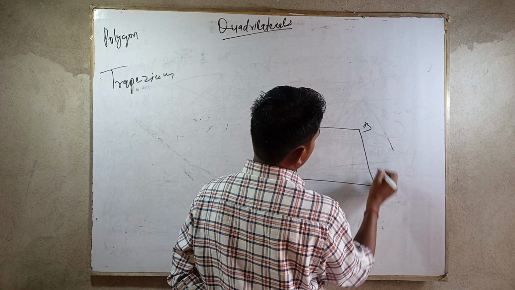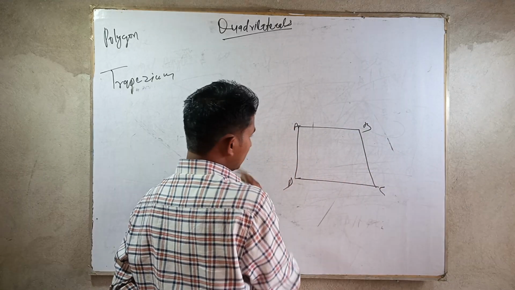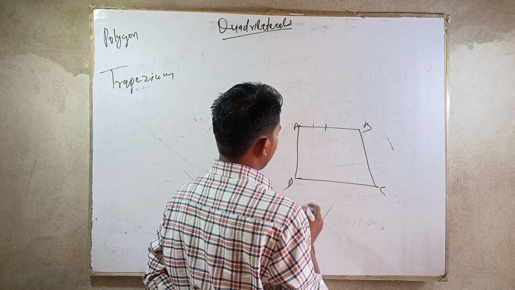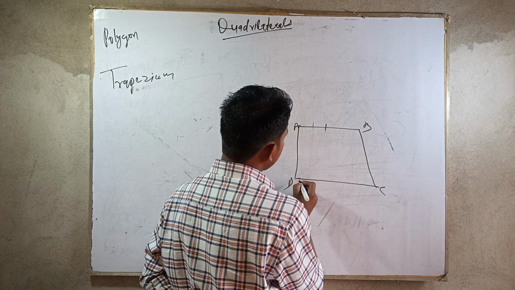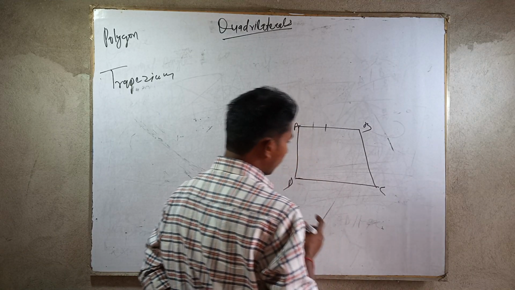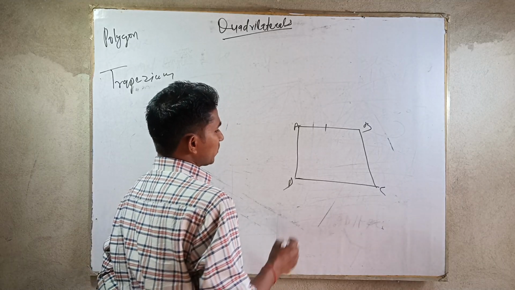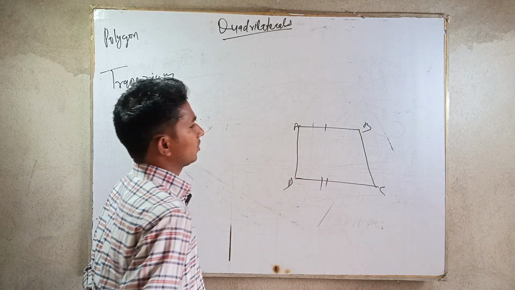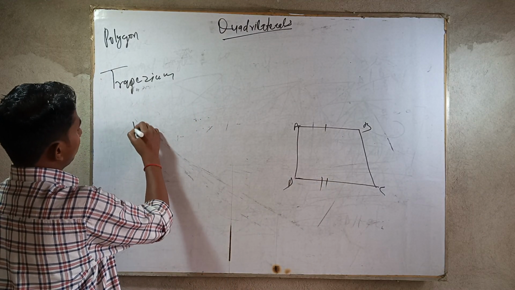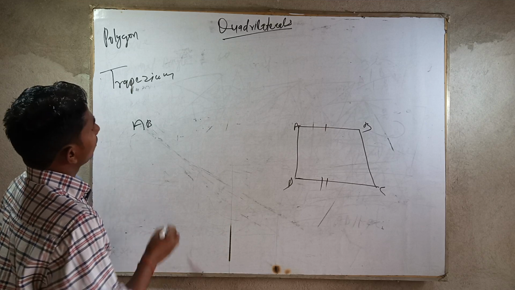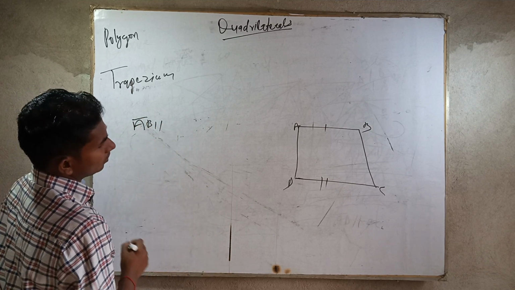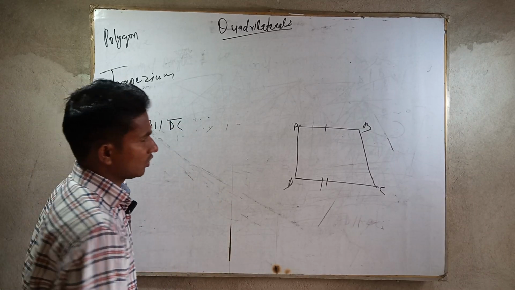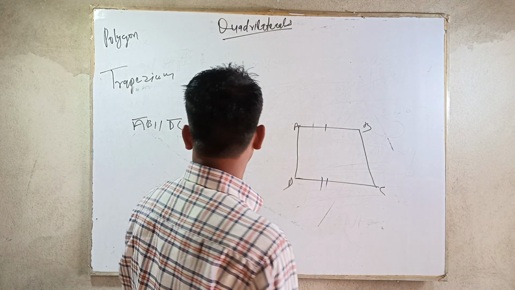A, B, C, D. In a trapezium, one pair of opposite sides is always parallel. So AB is parallel to DC in a trapezium. This is the symbol of a trapezium.